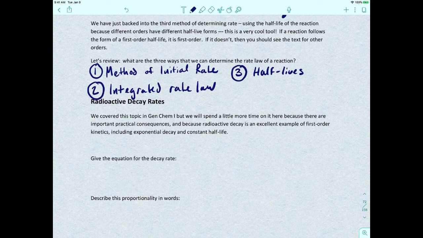So if we were going to give the equation for decay rate, it would look pretty much like the same kind of equation we've seen previously: the negative change in the concentration, which I'm going to use delta capital N for, divided by the change in time, has to be equal to K, the rate constant, times the initial concentration.